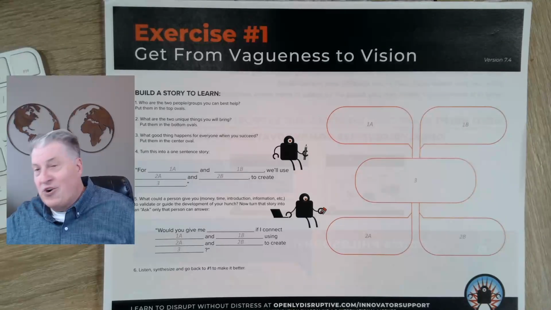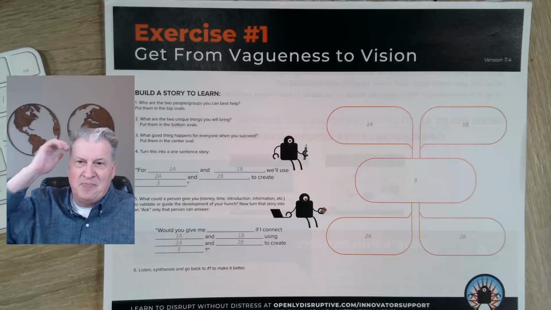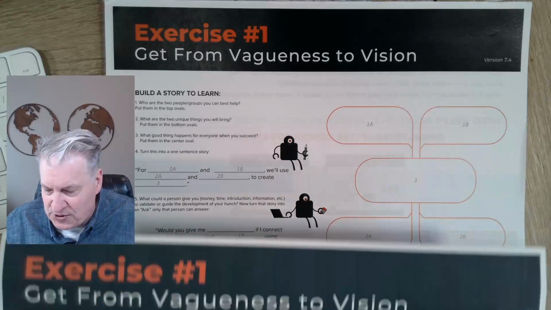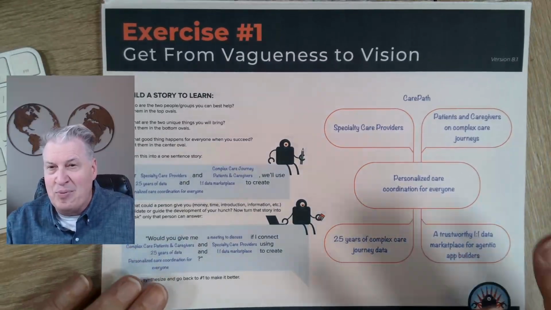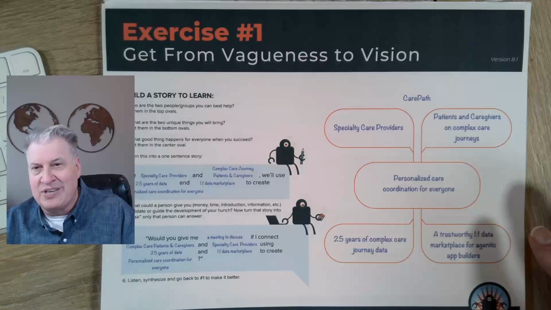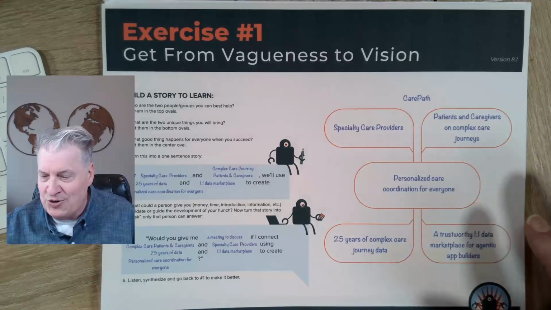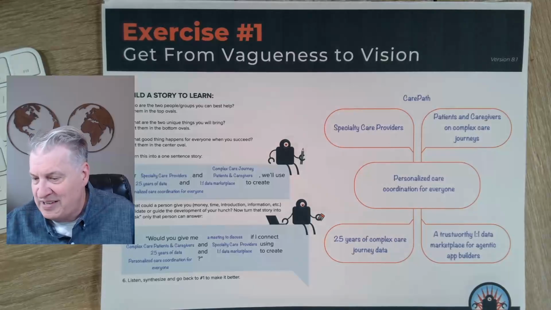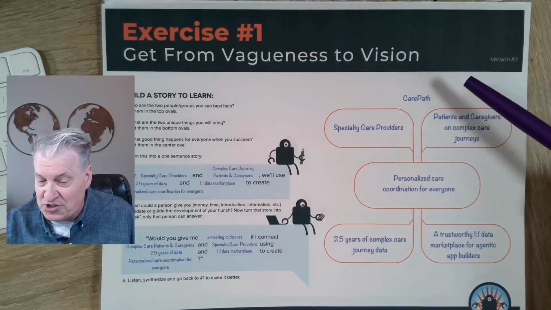So let's get started. I've created a fictional company that we'll use as an example. So this is a company called CarePath. And by the way, if you don't remember exactly how we do these worksheets, look in the comments. You'll see a link back to another video that shows you how we come up with the concept to do this first exercise.